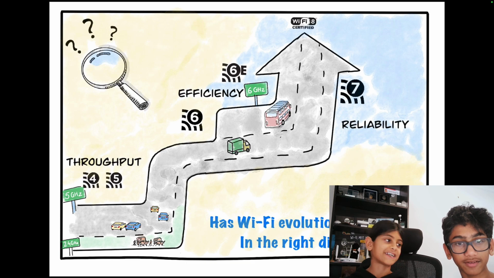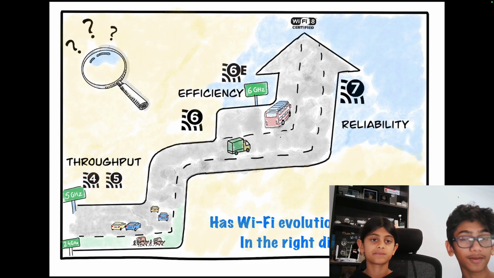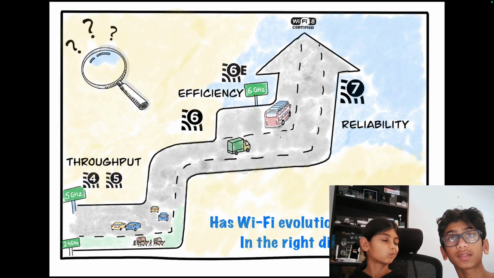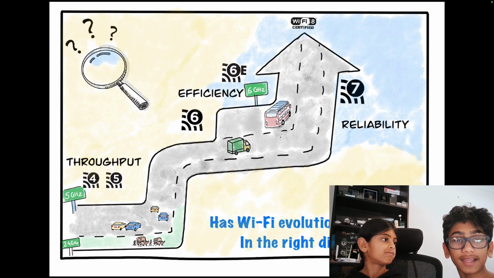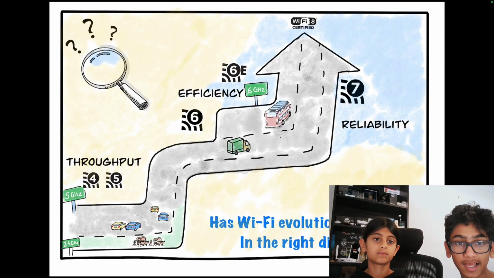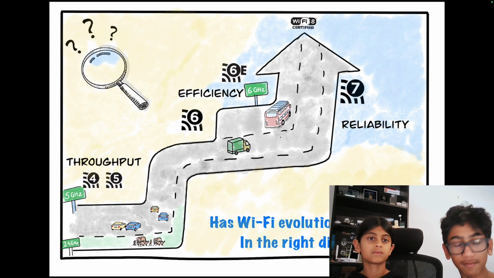What about Wi-Fi 7? Well, Wi-Fi 7 is reliability. Basically, think of it like this: in one road they carry a bit of the data, some of the boxes, and then in another road they carry some more of the same type of boxes, and then in another road they carry the same type of boxes.